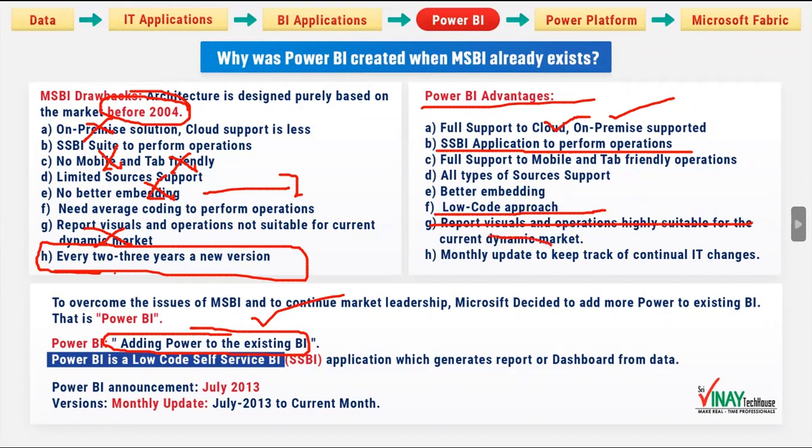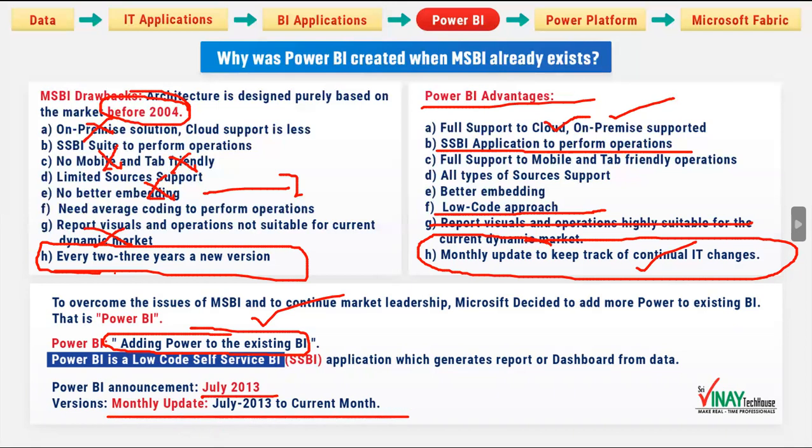And we also have a new feature in a BI tool: a monthly update, not like MSBI. Every month we have an update in Power BI, every month. And when was Power BI announced? July 2013. From there, every month we have an update in Power BI till this month. So these points I explained very clearly yesterday, so I'm not explaining them today.